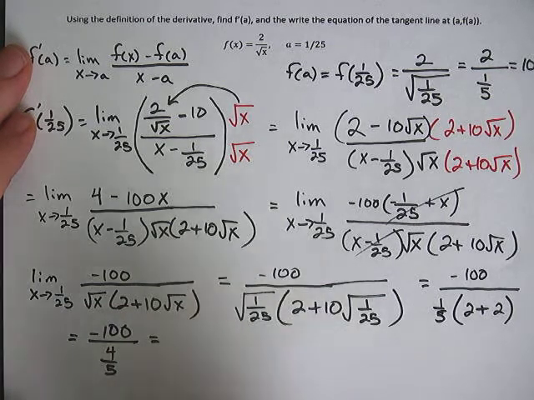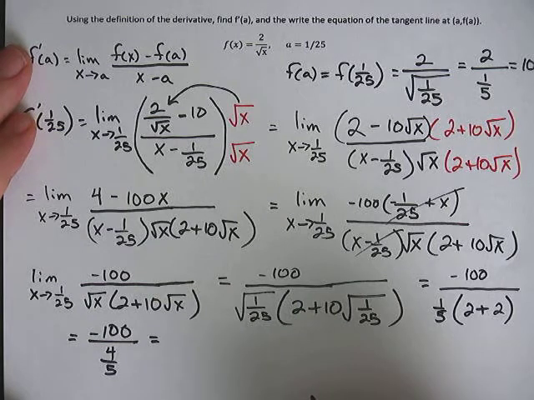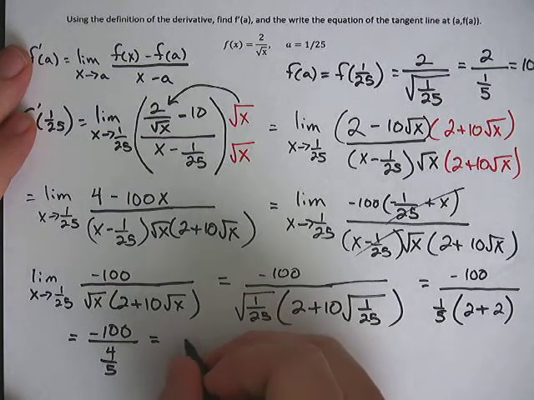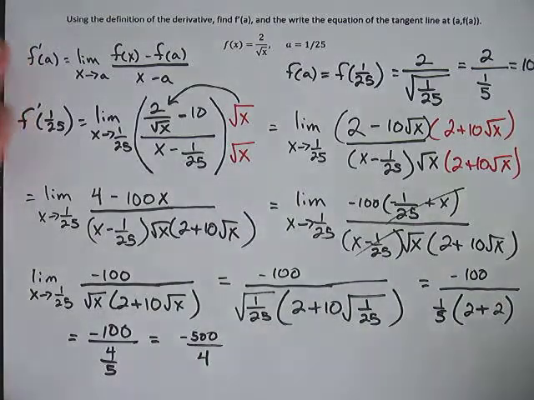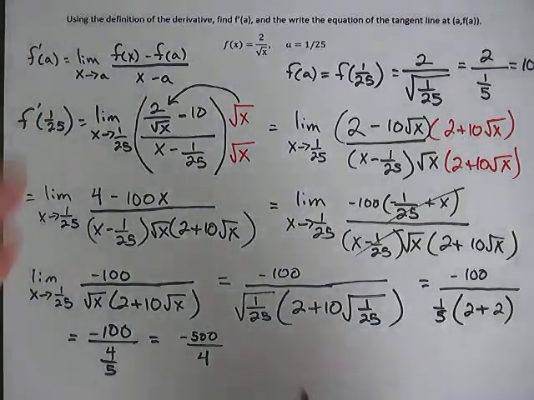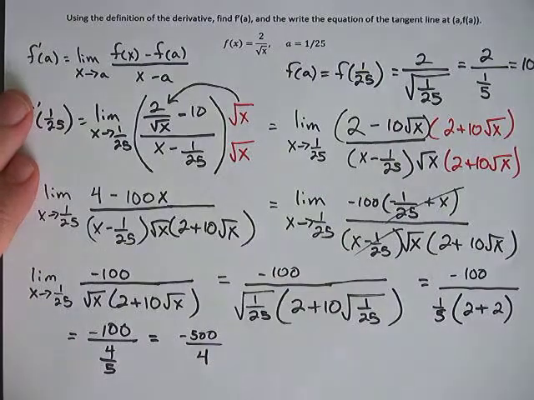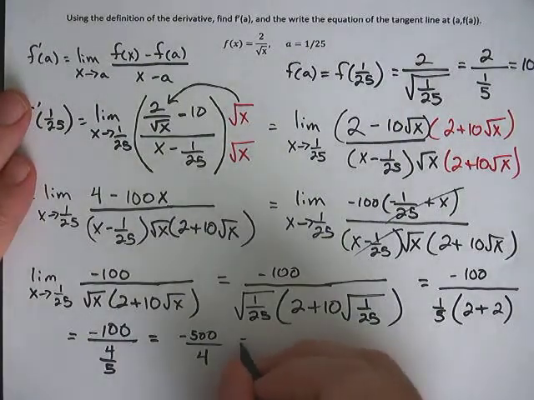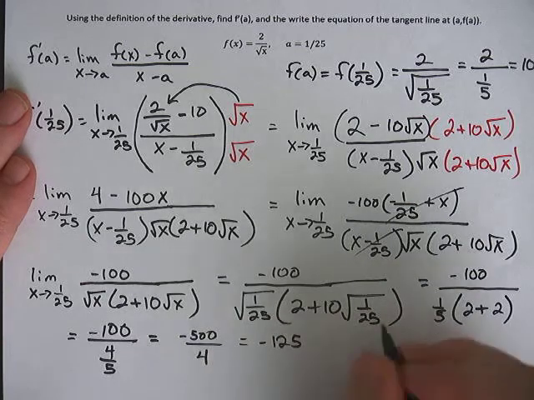If you flip the bottom and multiply, you will get negative 500 divided by 4, and that should be 125. 125 is going to be your limit there, or negative 125, excuse me. Negative 125.